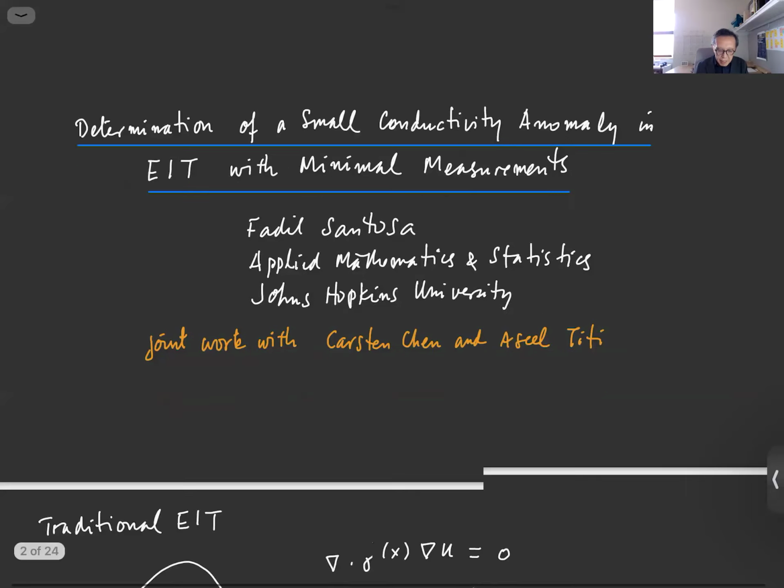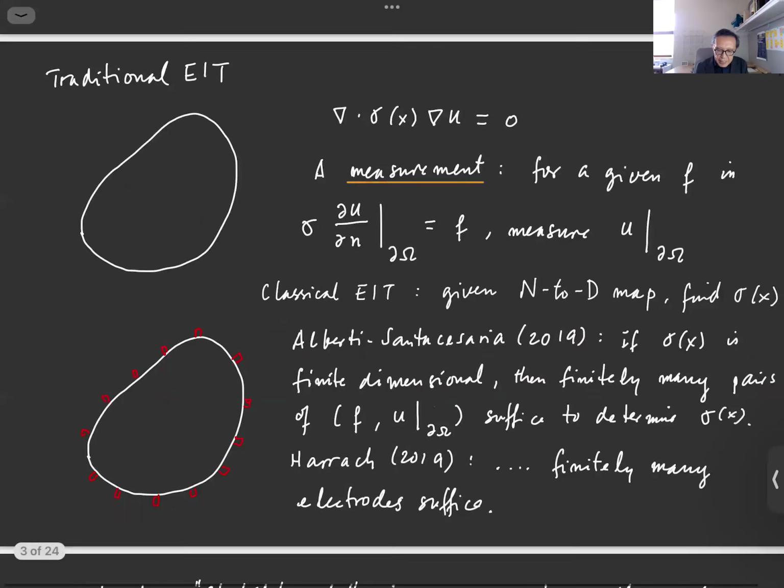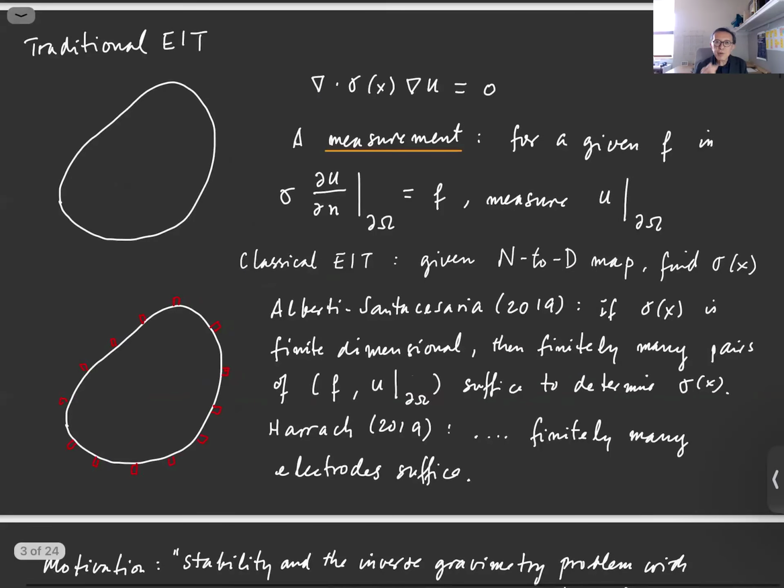So in traditional EIT, I'm sure that you're all very familiar, the idea is that you want to determine the conductivity in the interior of a body from boundary measurements. A measurement in classical EIT consists of applying a boundary current, represented by F here, and then you measure the voltage on the boundary.